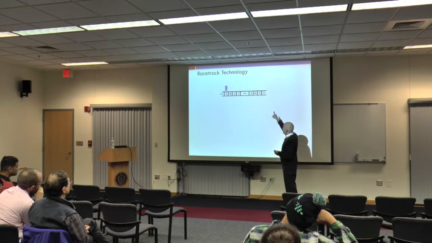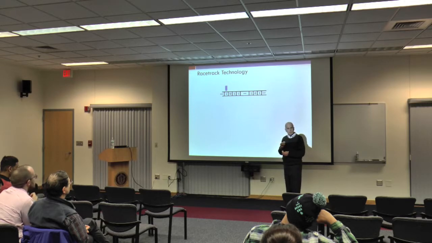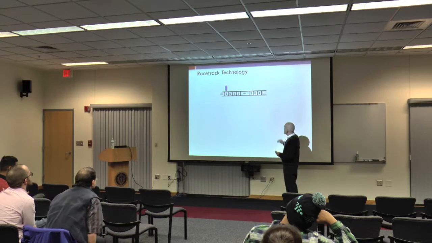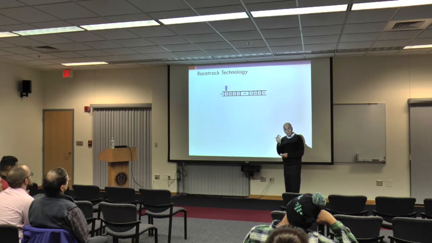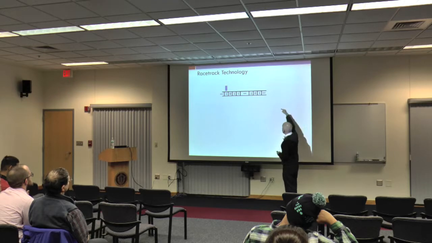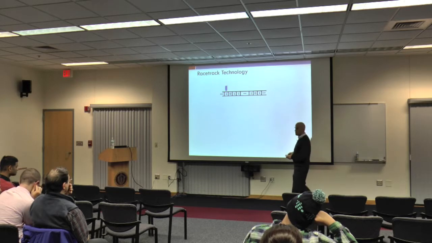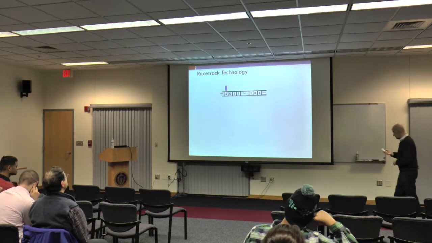The data is stored in little magnetic domains that live in this racetrack. There's a read-write port. Actually, there are 2 read-write ports, and the track is in 3 dimensions in a U. But I'm just going to spread it out in a line like this. When I want to read a bit, I inject current at the side, and the magnetization moves over to the read-write head. The track doesn't move, but the magnetic domain moves over.